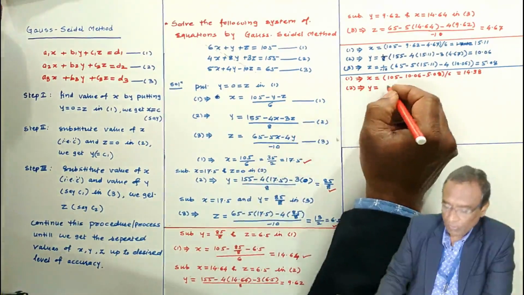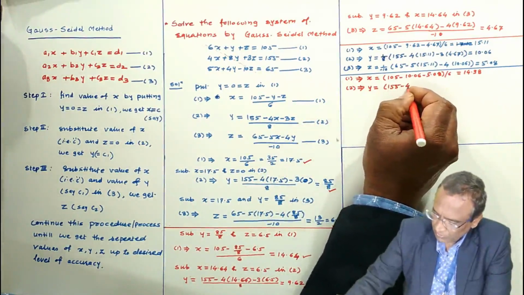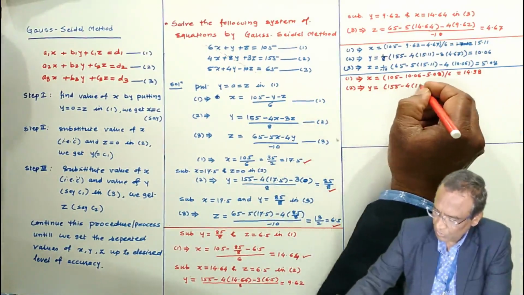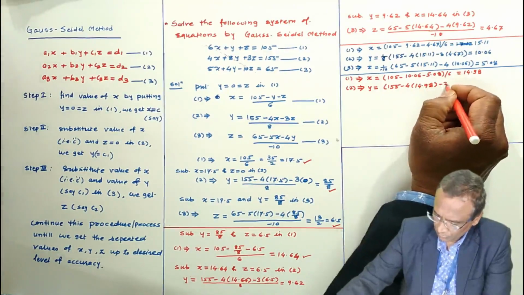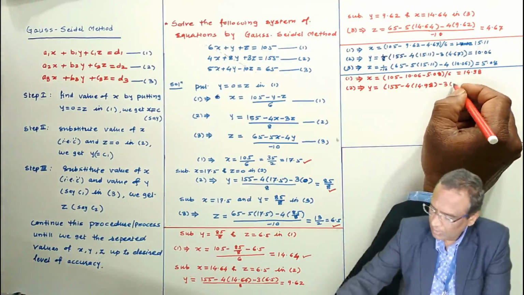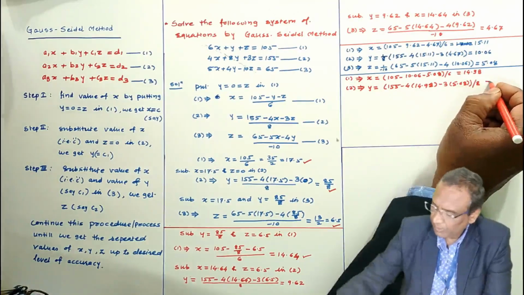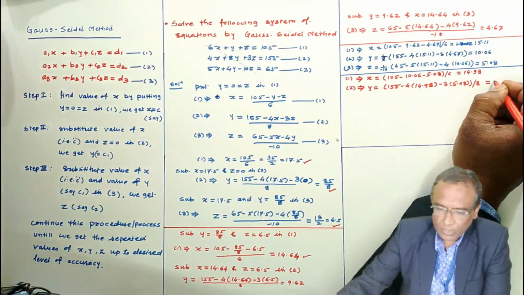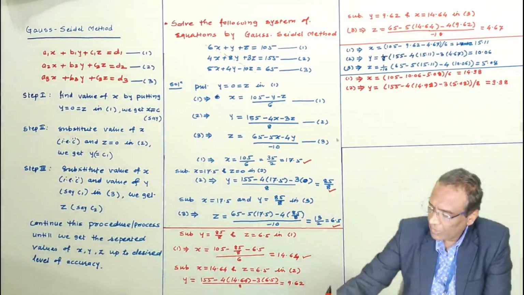Put latest value of x and latest value of z. 155 minus 4 times the latest value of x, which we have obtained, and minus 3z, latest value of z is 5.08, this divided by 8, and directly I am writing its value because I have made the calculation.